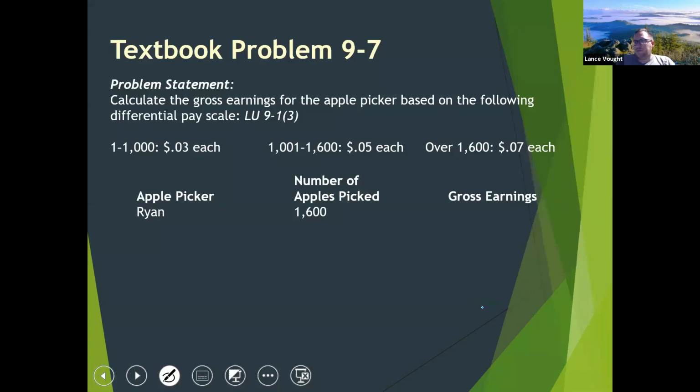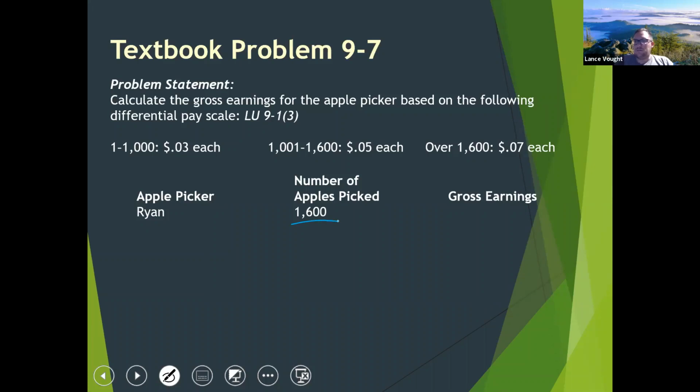Now, what if we have Ryan, the apple picker, who gets paid different prices based on the range of apples that he has picked? So it's orchard season, it's harvest season, pumpkin spice season, spooky season. So this could be something that could be happening right now. So Ryan picked 1,600 apples.